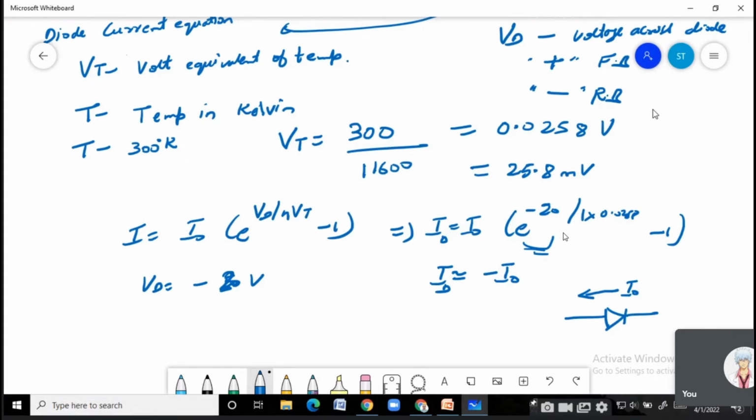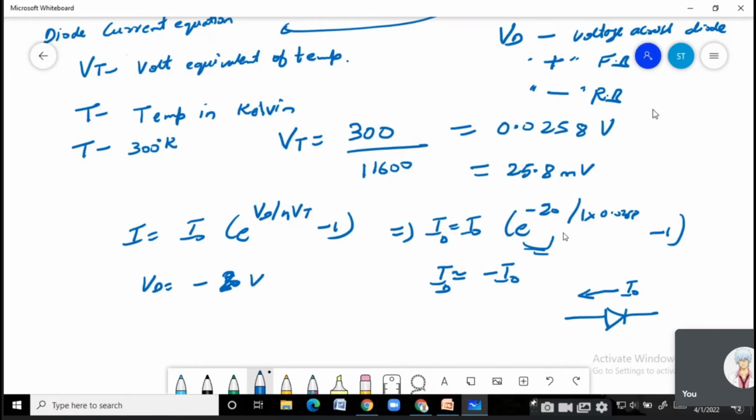So whenever you solve any numerical using this equation, if you have a negative sign along with your answer, it means you are working in the reverse bias region, and the negative sign shows that it is opposite to the direction of the forward current.